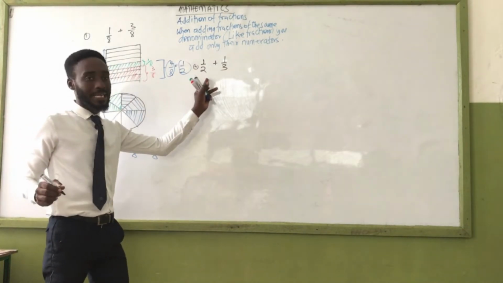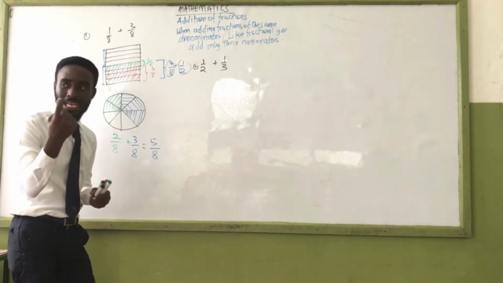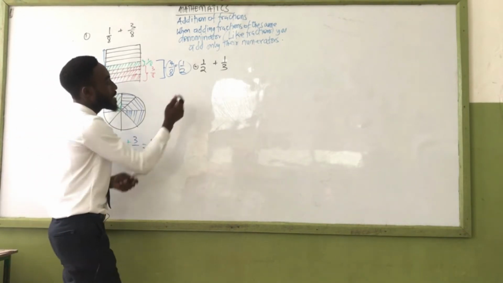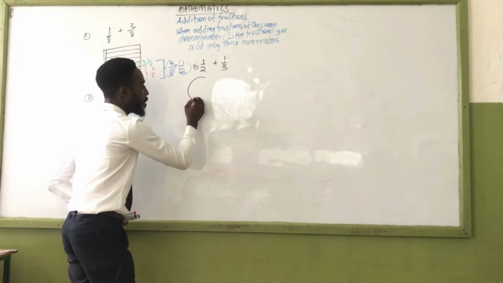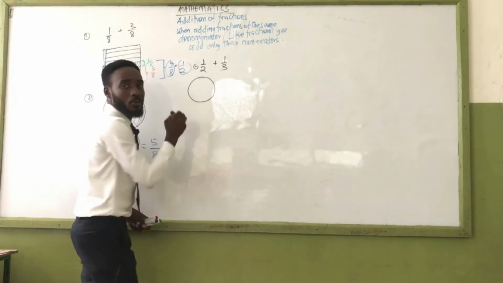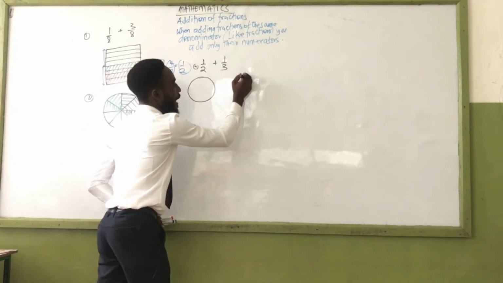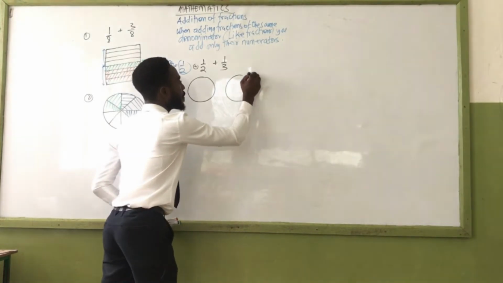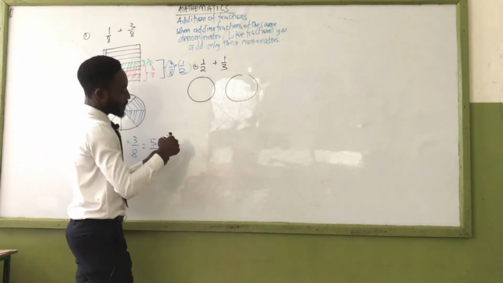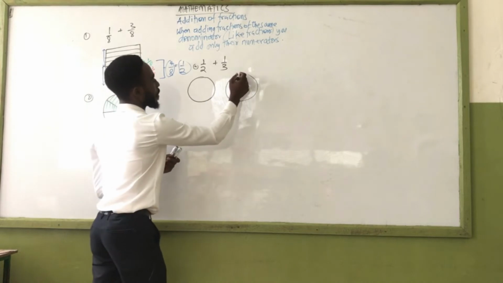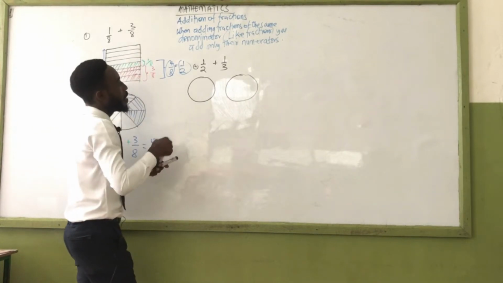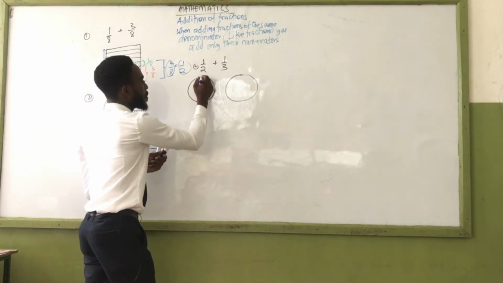If I have something like this, let's try and put it in a graphical way. This would be trying to draw as equal as possible. And then we are adding 1 out of 2.